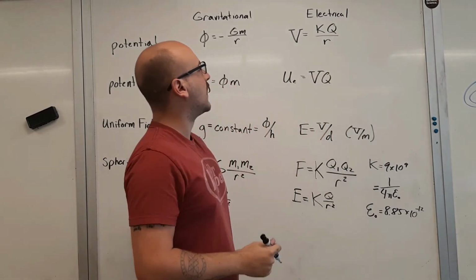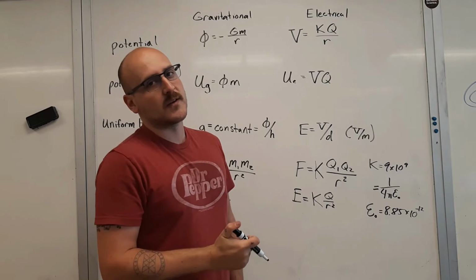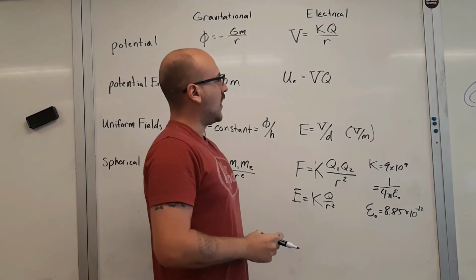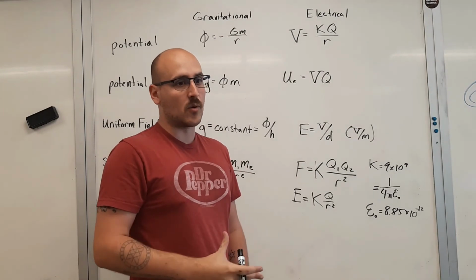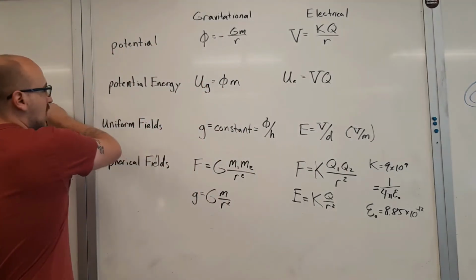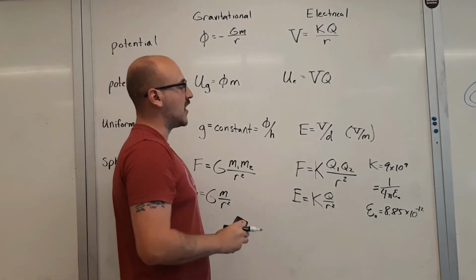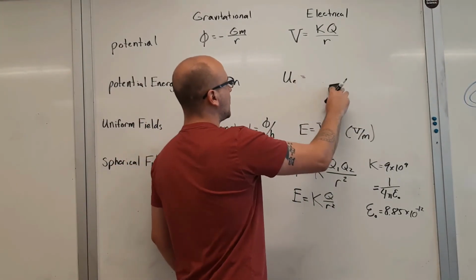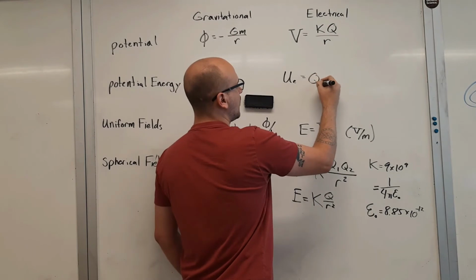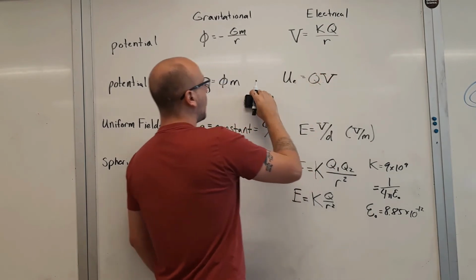Now, I don't really like the order that's written. Sometimes names need to go in a particular order. Talking about electrical potential energy, I always think of it as Q times V. I never think of it as V times Q. It just seems weird to me. So I'm going to switch those two. Q times V.